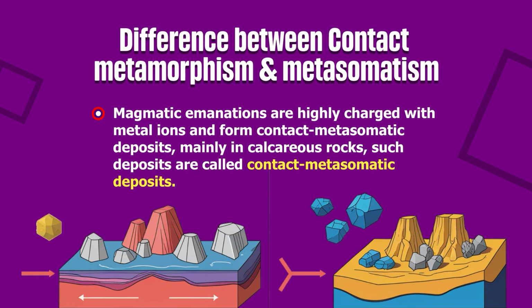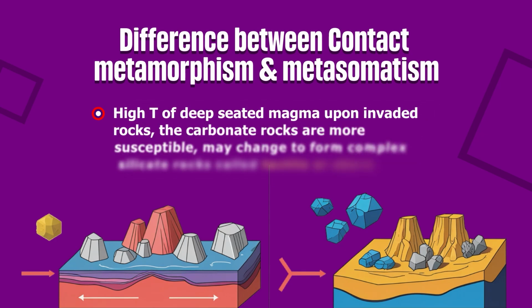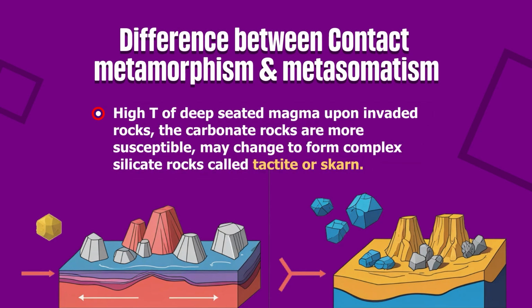Such deposits are called contact metasomatic deposits. High temperature of deep-seated magma upon invaded rocks, the carbonate rocks are more susceptible, may change to form complex silicate rocks called tactite or skarn, which I have shown in my previous diagrams.